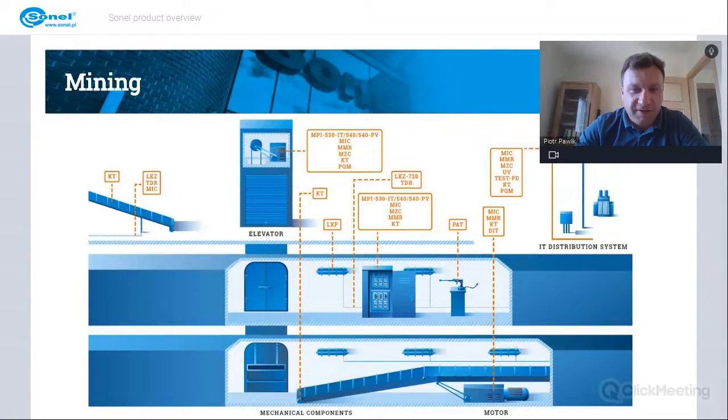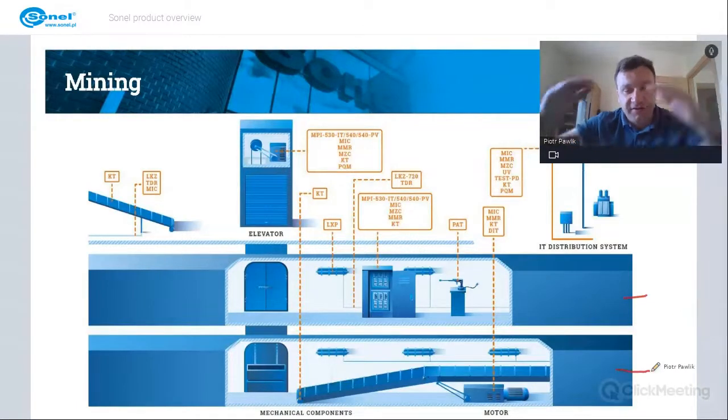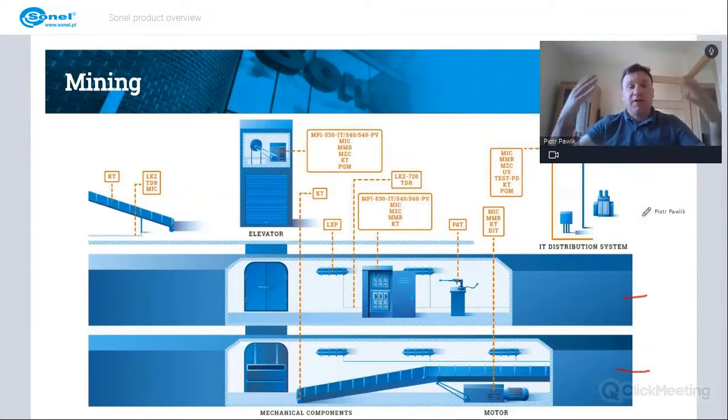So we are looking right now at mining. In the case of mining, we have some infrastructure on the ground and some infrastructure under the ground. Here are two tunnels underneath the ground. Above the ground, any office buildings and industrial buildings we can treat the same as the industrial consumer which I have shown you earlier.